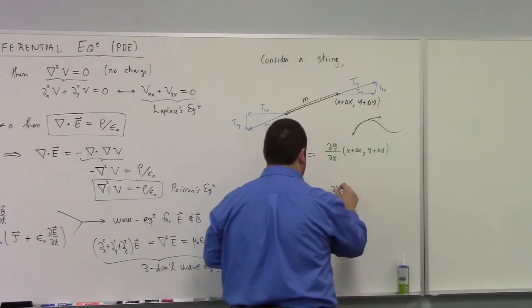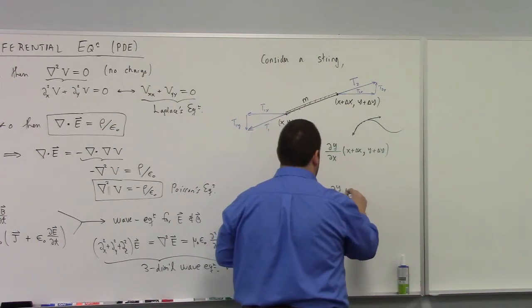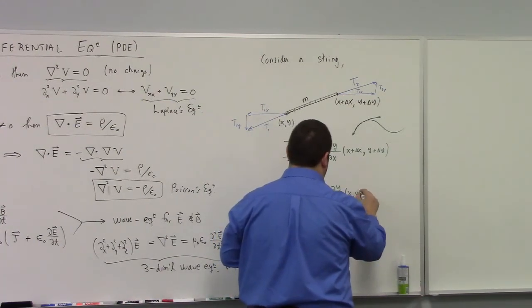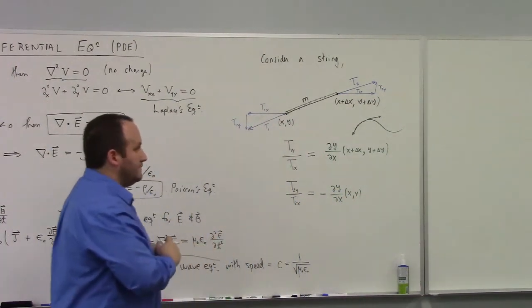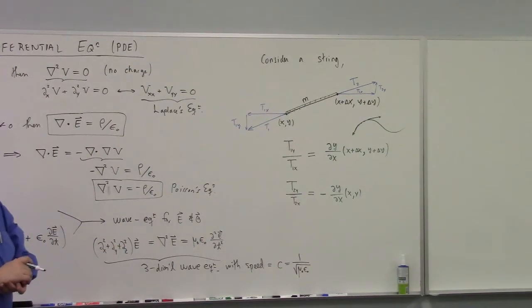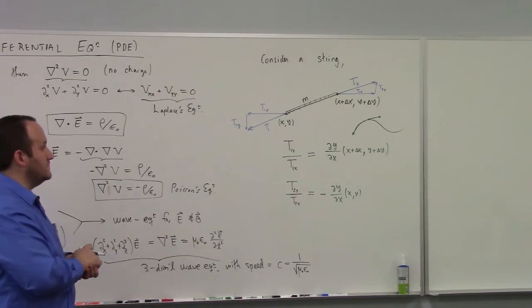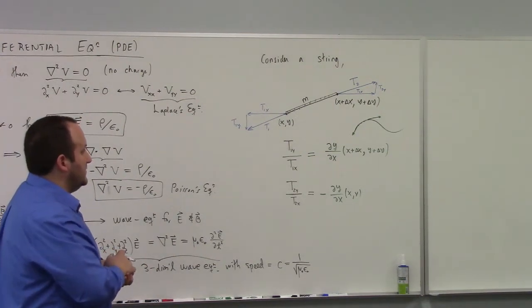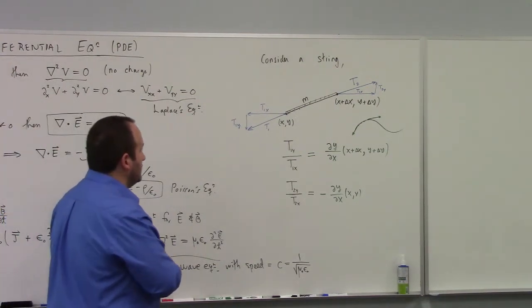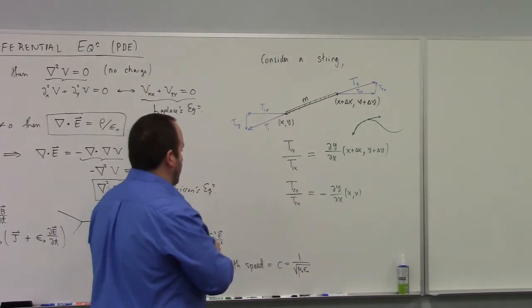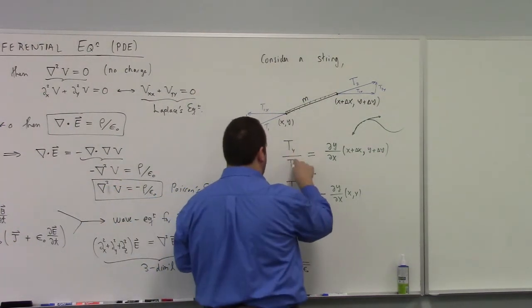Over there, it's going to be minus partial y, partial x at the point x comma y. Do I have it reversed? Oh no. Well, let me fix it this way.